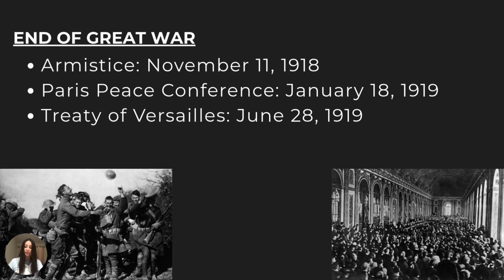The Paris Peace Conference was set up to set peace terms for the defeated Central Powers. They produced 5 treaties, one of which was notably the Treaty of Versailles.